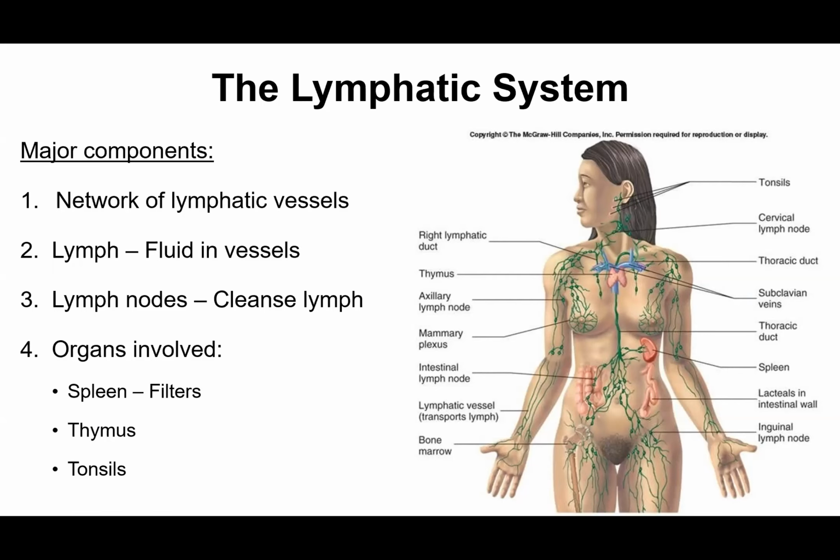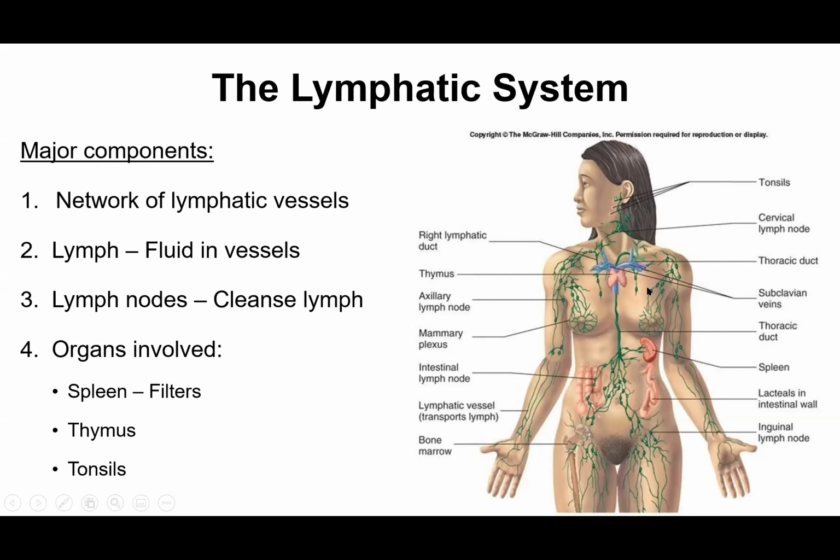Lymph is the fluid that's going to be inside of these vessels. Just like we have blood inside of our arteries and veins, we have fluid inside of these lymph vessels. In addition to those two components, we also have lymph nodes.